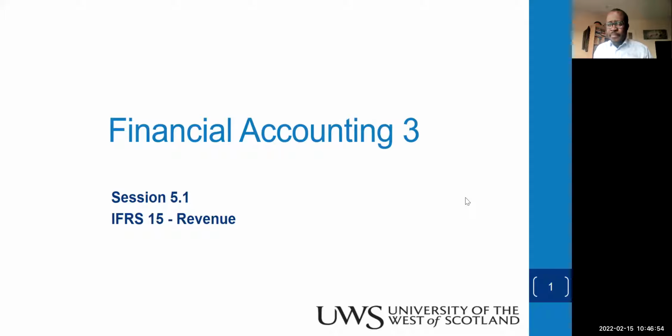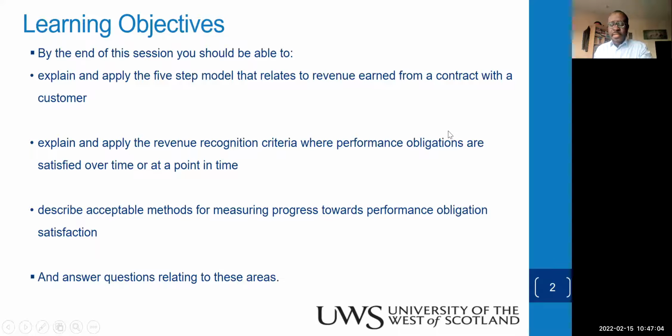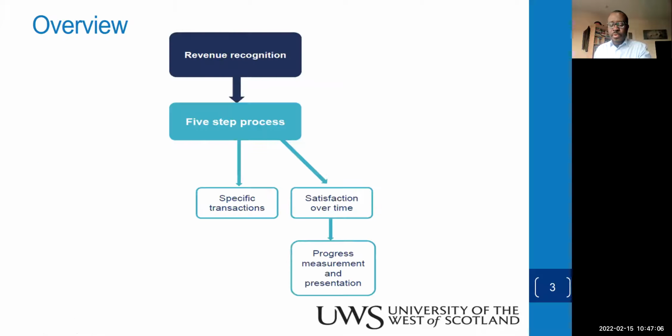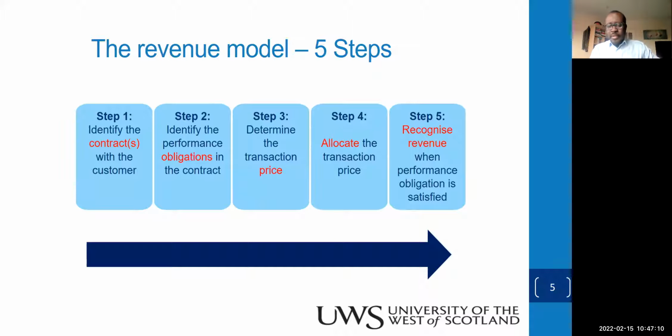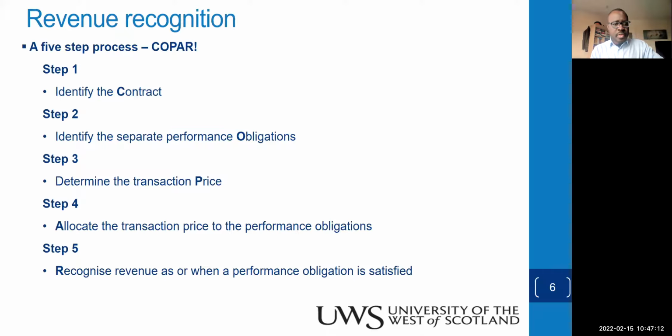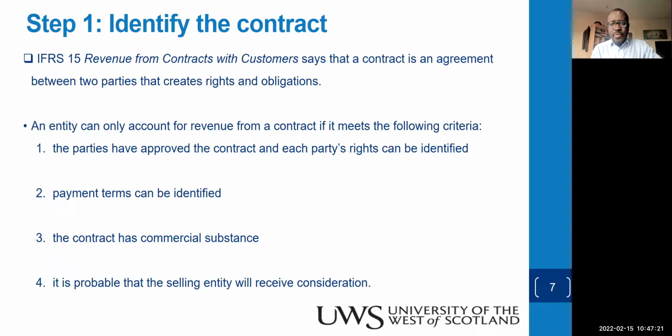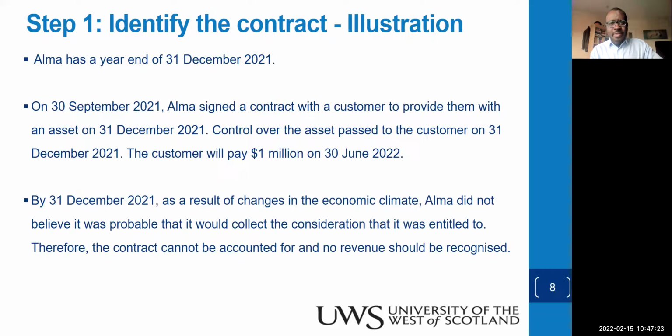Overall, from what we have watched in the videos, we've looked at the development of revenue, where one standard has come to replace a couple of others. We've looked at the 5-step model, at which point I think we finished with the contract, obligation, price, allocation, and revenue recognition, where we are just to finish up.